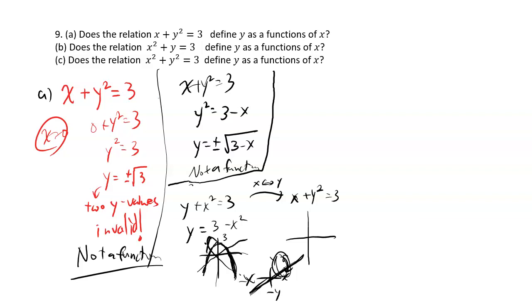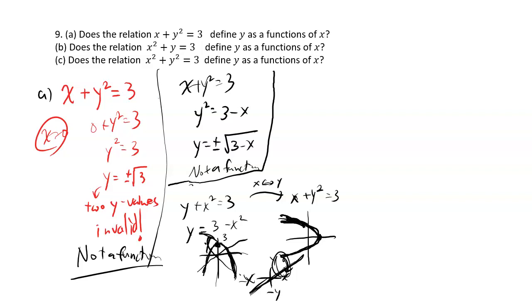So this portion goes like that, and you end up with something like this. And this point that's on the y-axis now becomes a point on the x-axis, and because that was a vertex, that will again be the vertex of the parabola. And it's a sideways parabola. So that's the graph of x plus y squared equals 3.